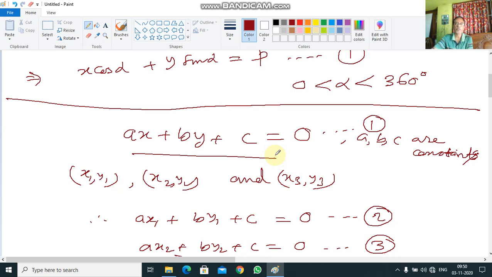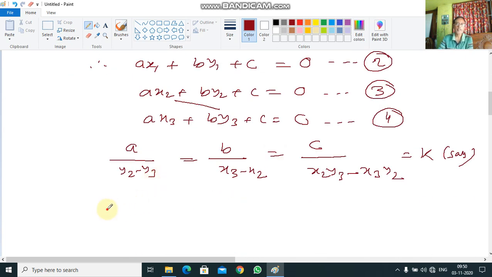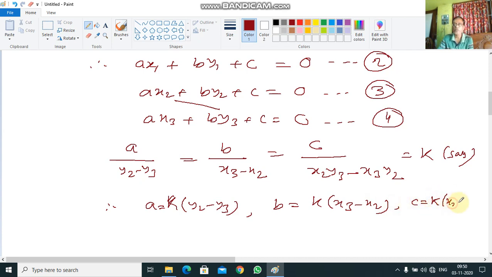Therefore a is equal to k into y2 minus y3, b is equal to k into x3 minus x2, and c is equal to k into x2 y3 minus x3 y2.